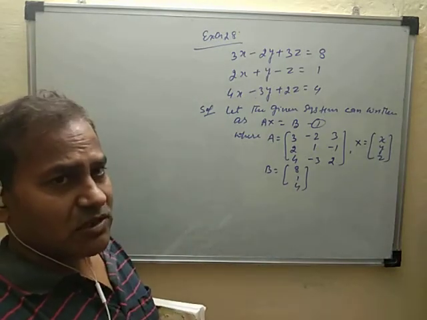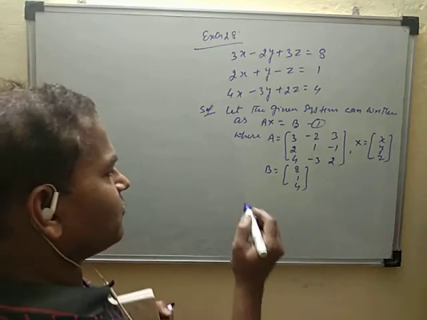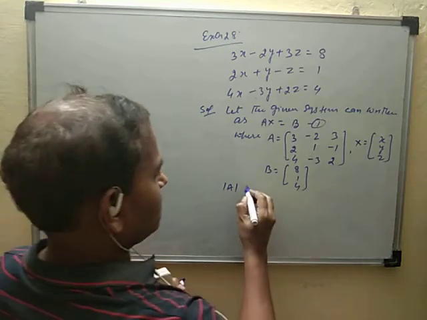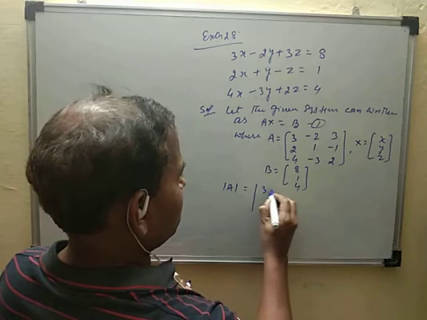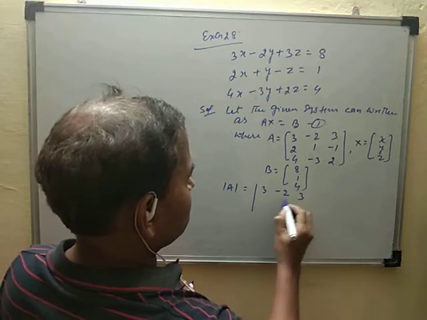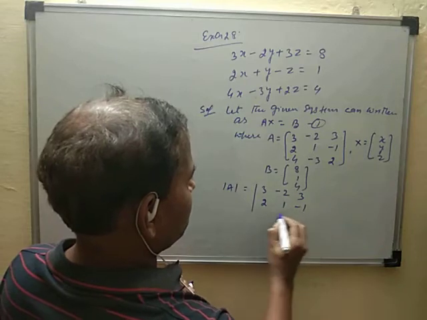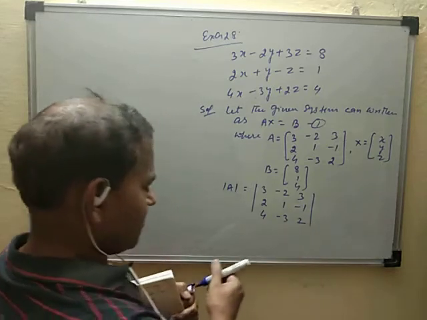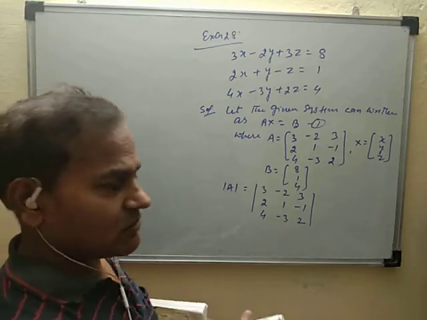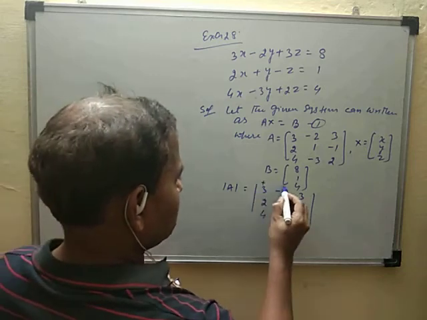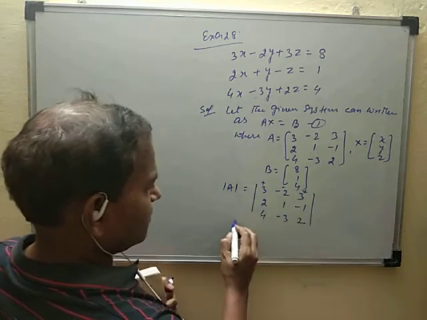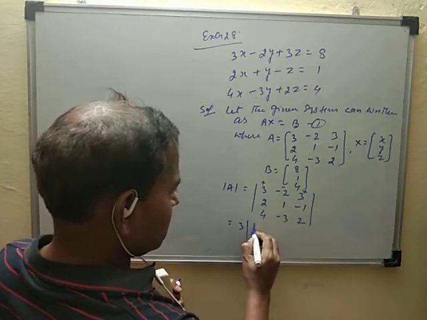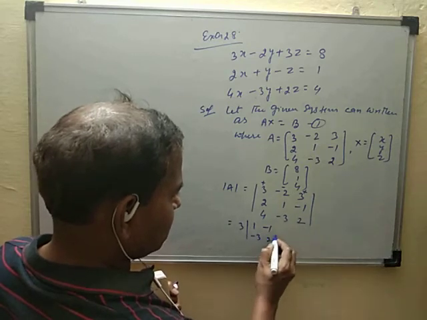So first you check whether the inverse exists or not. For this, find the determinant of A. Determinant of A is equal to the determinant of 3 minus 2 3, 2 1 minus 1, 4 minus 3 2. Now expand along R1, with signs plus, minus, plus. So write 3, then delete its row and column, the element is 1 minus 1, minus 3 2.